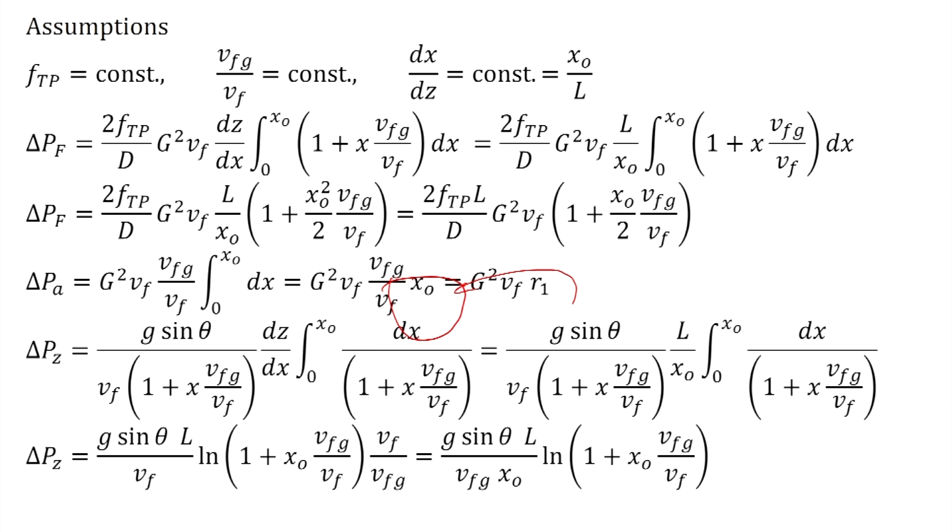The pressure drop due to acceleration is G square Vf Vfg by Vf, integral from 0 to x naught of dx. So, the integral will be just x naught, and we get this expression G square Vf Vfg by Vf x naught, and Vfg by Vf x naught is denoted as R1.